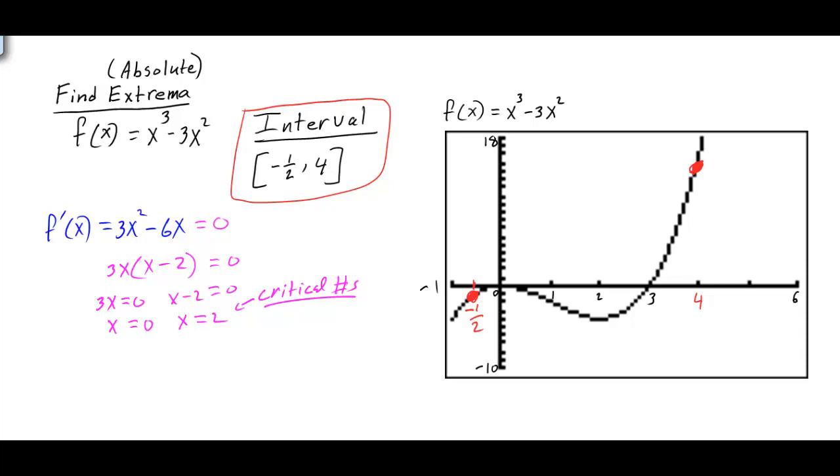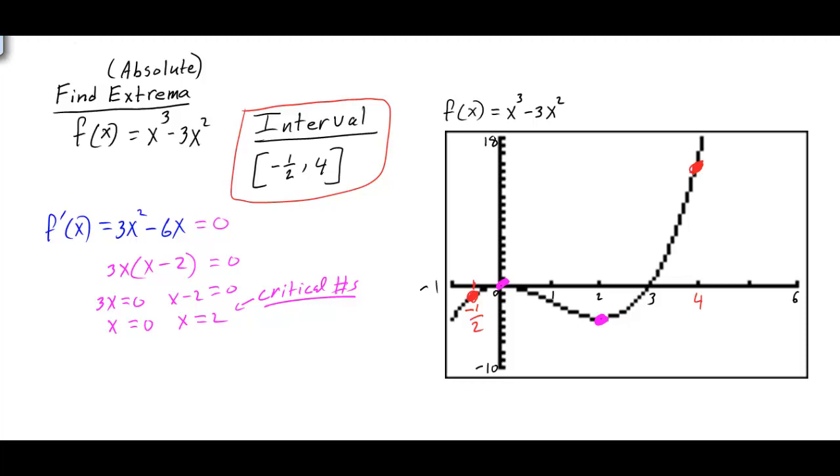Now, if we look at those critical numbers we found, over here at the right I have the graph of our function. When x is 0, our critical number is right here, and when x equals 2, that would be this point here. So there are our two critical numbers, and notice we would have a horizontal tangent line at those two points.